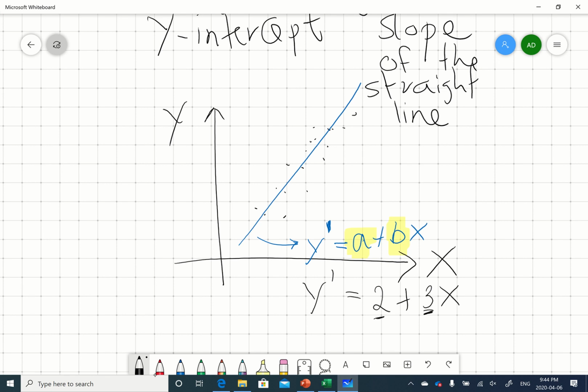These two values will be determined by the least square method I mentioned before. Your data is going to tell us what a and b are, and the way we figure it out using data is the least square method. Because of that, sometimes people refer to this idea as least square regression analysis.